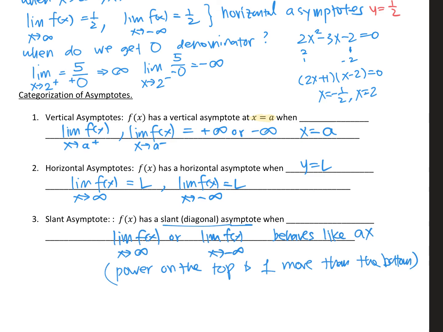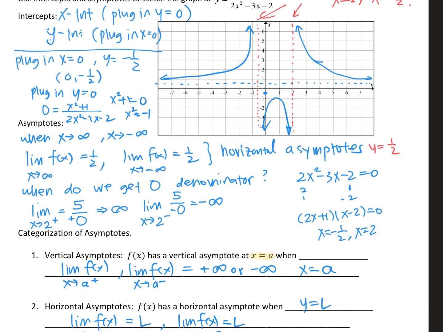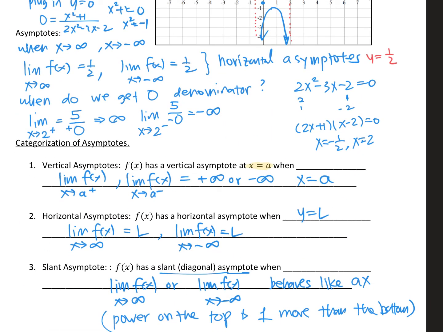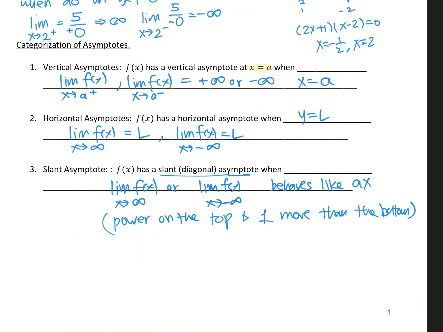If the powers are the same, like in this question, then when you take x to infinity or negative infinity, you get a number, so you get the horizontal asymptote. If the power on the top was 3, it would basically act like x over 2, which is just a straight line. So in that case, your asymptote is going to be a diagonal asymptote.